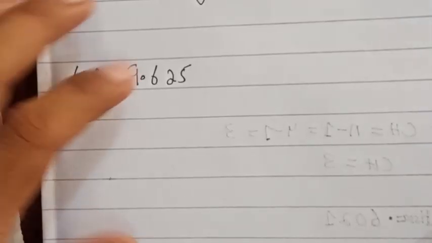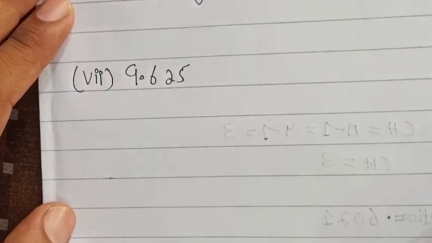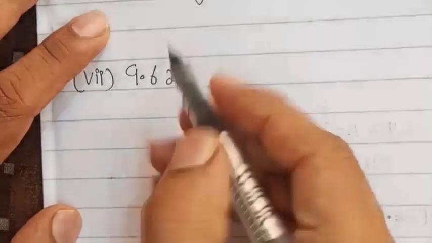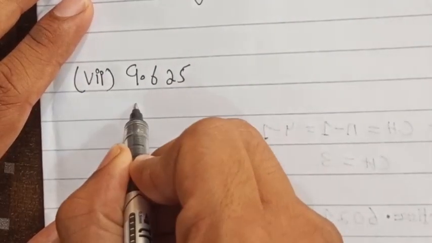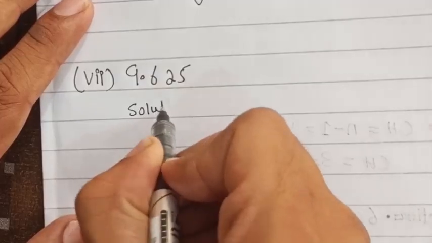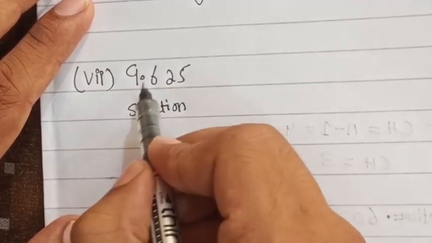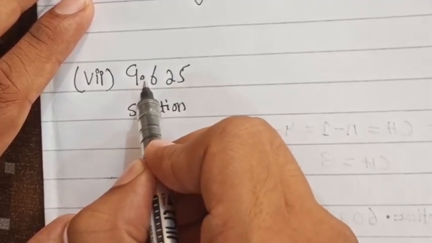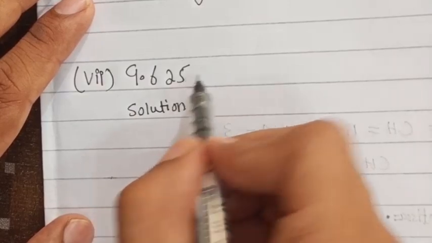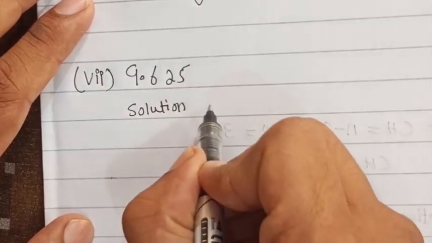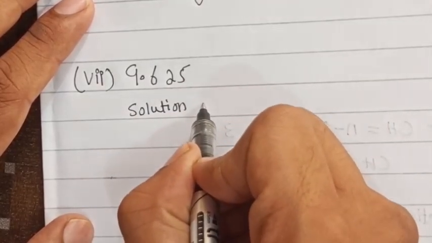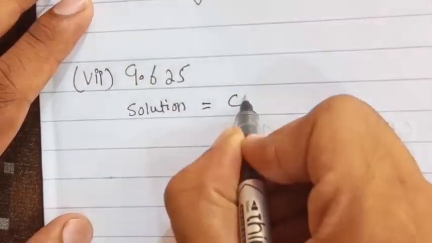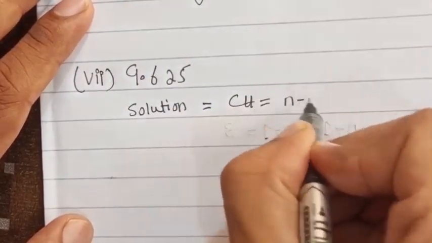Okay, come to question number 7. That is 9.625. So how will you find out its characteristic? As you know, the first step is finding the characteristic. The point is already there, 9.625. The characteristic is n minus 1.